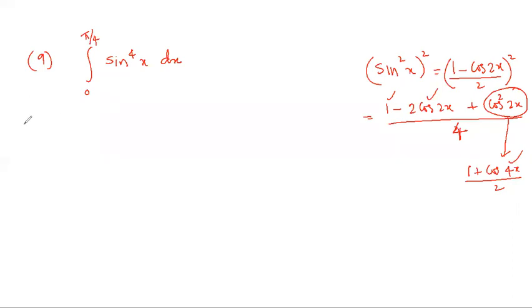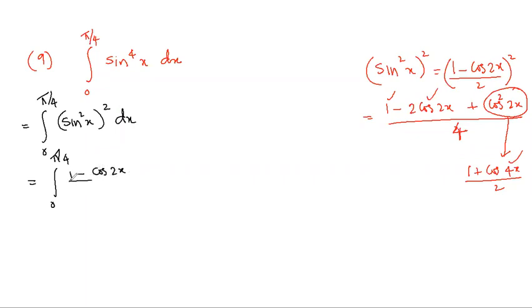So integral 0 to pi by 4. Sine raised to 4x will be written as sine square x the whole square. Now sine square x, you will replace it by 1 minus cos 2x by 2, the whole square.